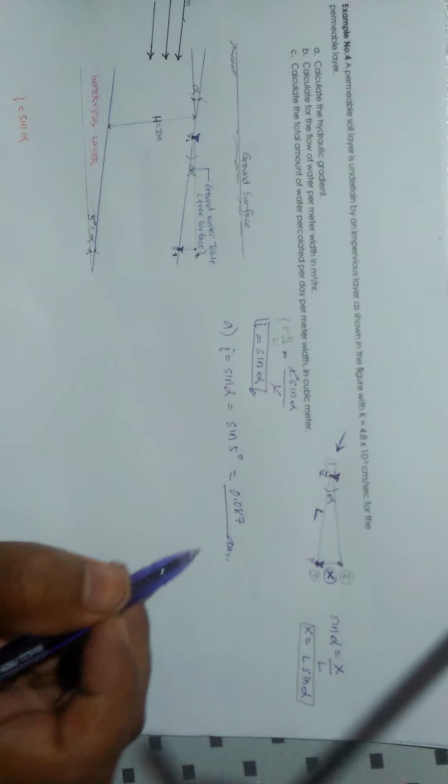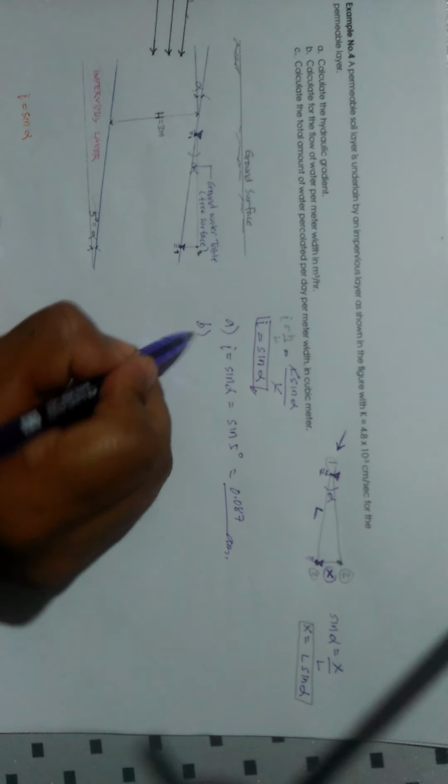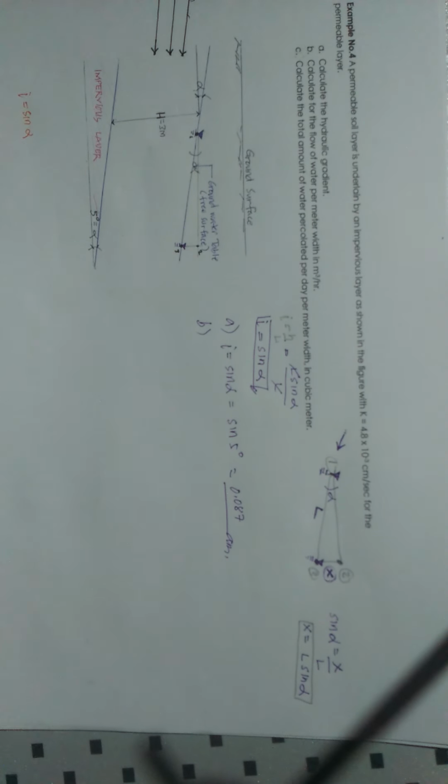Answer. And for your letter B naman, calculate the flow of water per width in what? Cubic meter per hour. So ano yung hinahanap dyan, guys? Yung Q. It is the discharge Q. Yes?